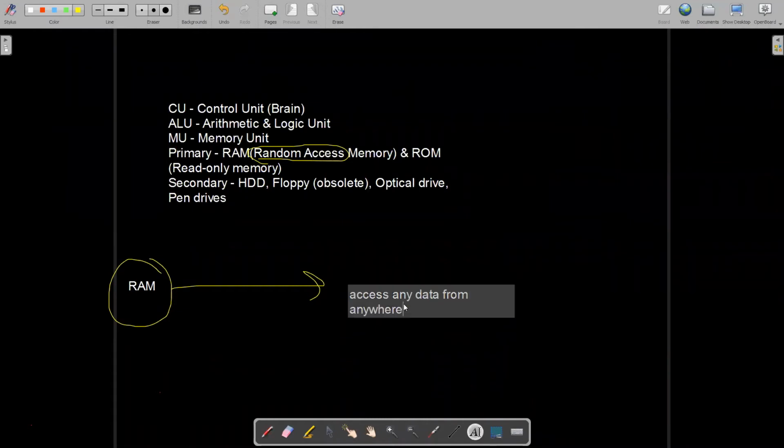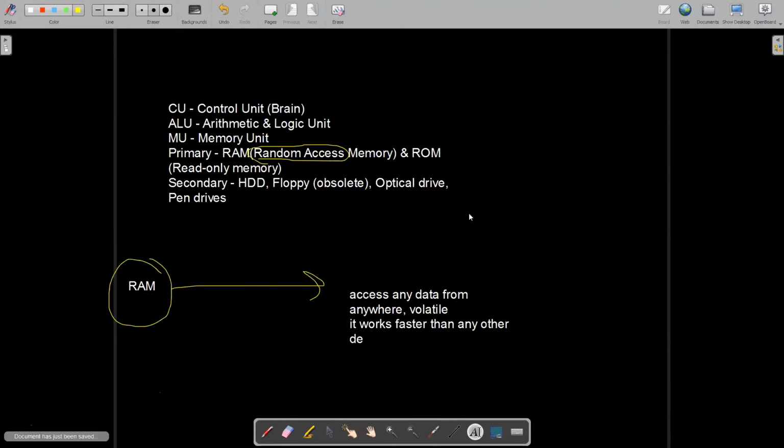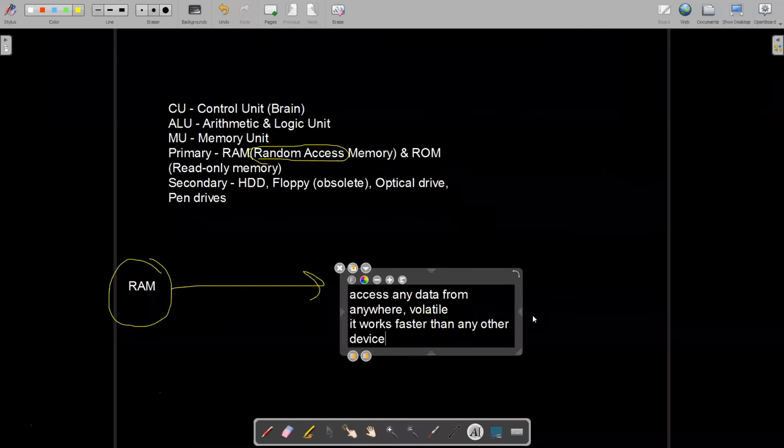And moreover, it is a volatile memory. Volatile means if electricity goes off, whatever is stored in RAM will be completely erased. Got it? If you switch off your computer, or if your computer stops working abruptly, whatever is there in RAM will be completely removed. Understood? But the thing is, it works very fast. It works faster than any other device except the CPU.